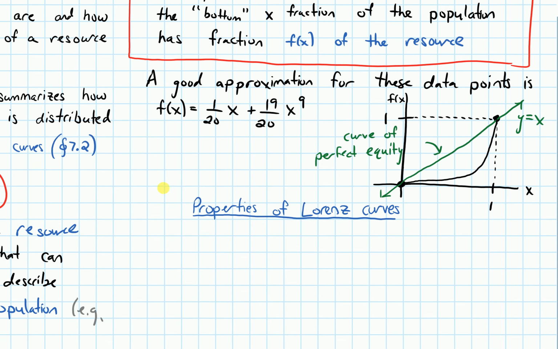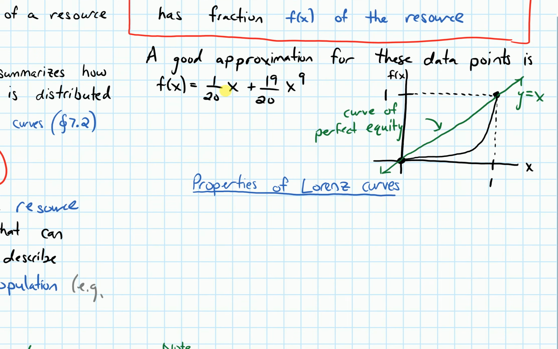So not just for this specific formula in this example, but just in general. One thing that's got to be true is that f of 0 needs to be 0. Because this is saying that the bottom 0% of the population has 0% of the resource, which makes sense, because if you're talking about 0% of the population, you're talking about no one.